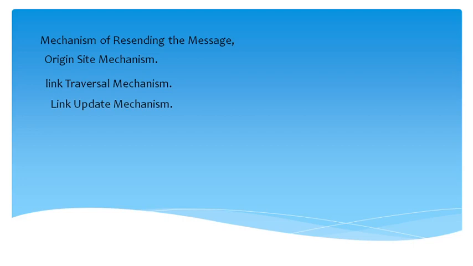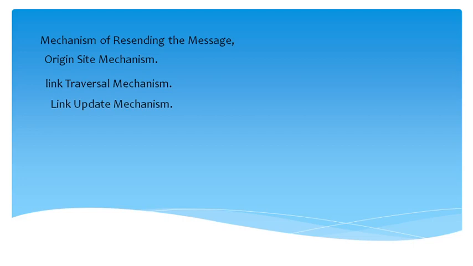Another mechanism is the link update mechanism. In this method, the process will communicate via location-independent links. During the transfer phase of the migrant process, the source node will send link updates to the operating system. These link update messages will tell the new address of each link held by the migrant process.